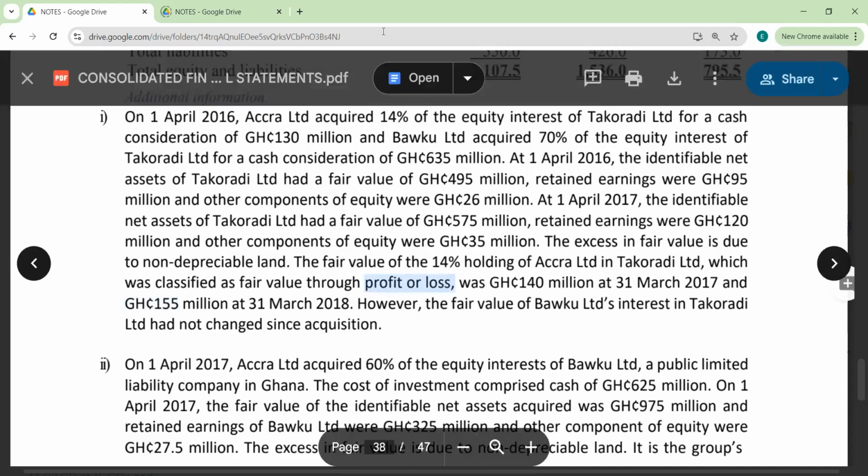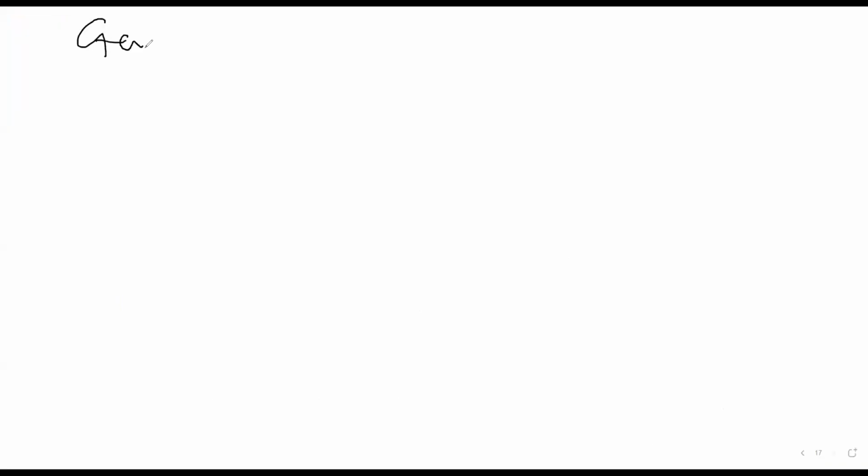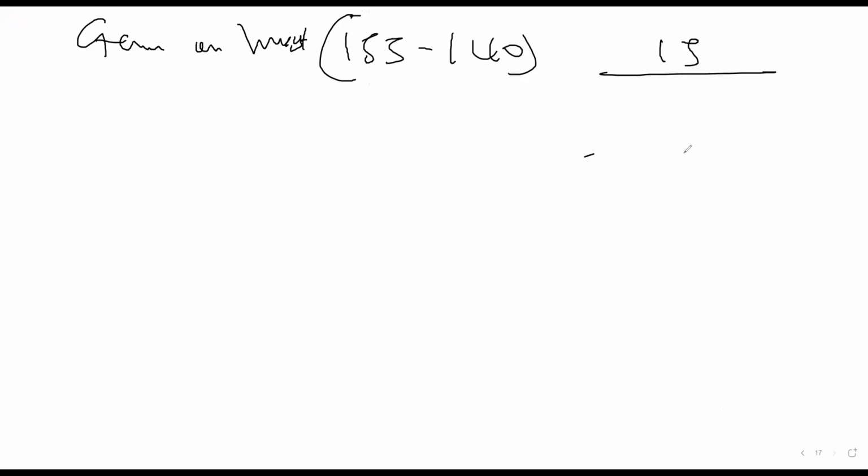I nearly forgot about it. So the next one, say gain on investment: 155 minus 140. Add all the figures together for me. Then let me do the OCI and we are done. OCI.